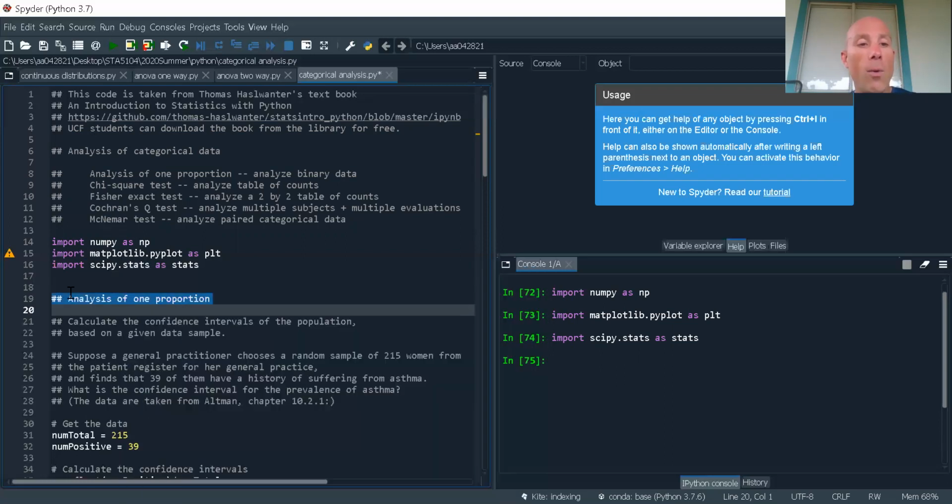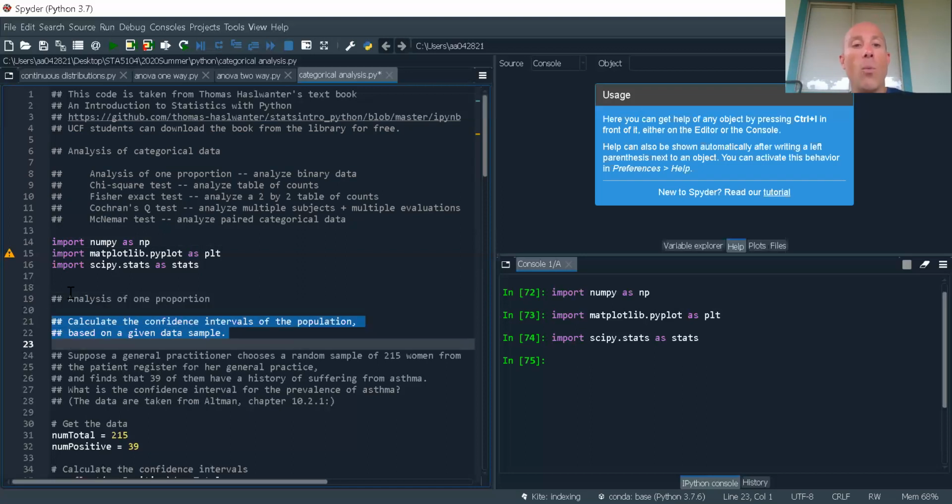All right, so now we want to look at analysis of one proportions. What we want to do on this one is calculate the confidence interval of the population where we have binary data. Anytime I've got two possible outcomes for my observations, I can say that one of the levels corresponds to a 1 and the other corresponds to 0. And that way I have some advantages.